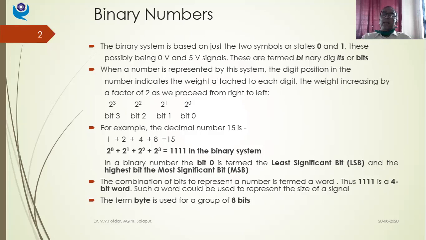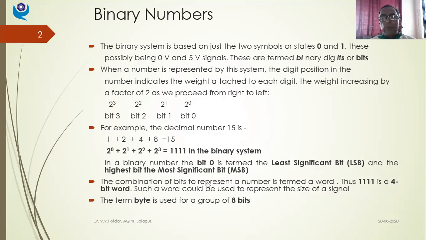So the least significant digit is the rightmost digit, and the leftmost or the highest bit is the most significant bit, MSB. So this thing we need to know.